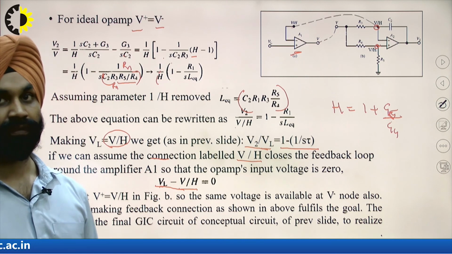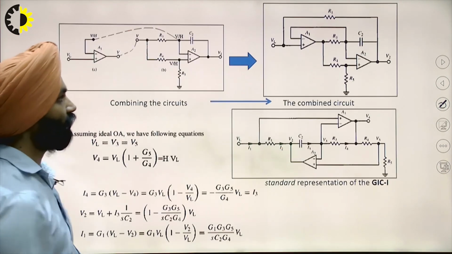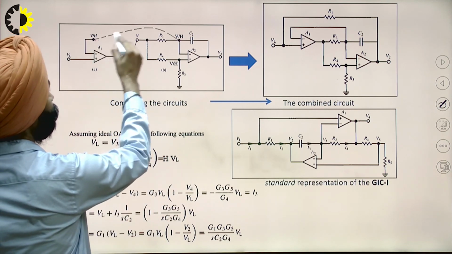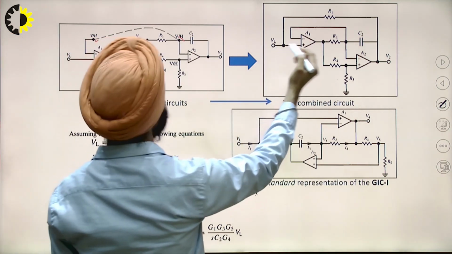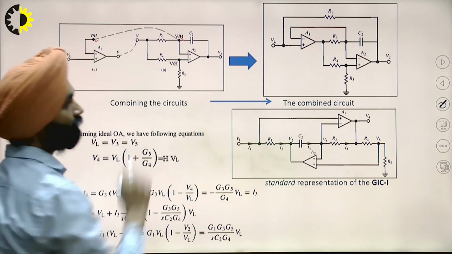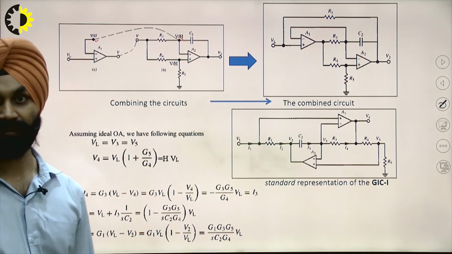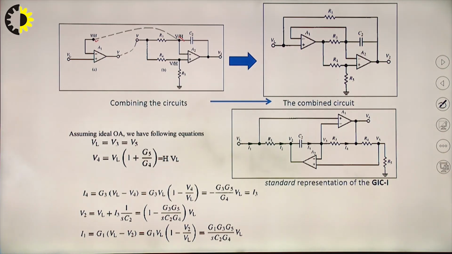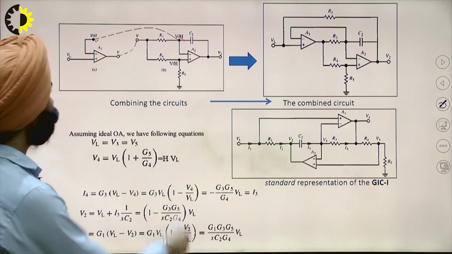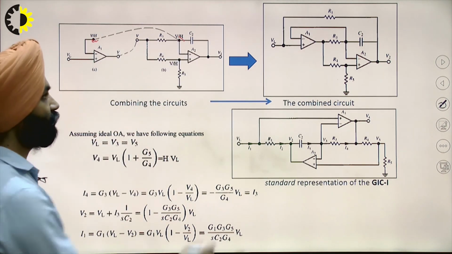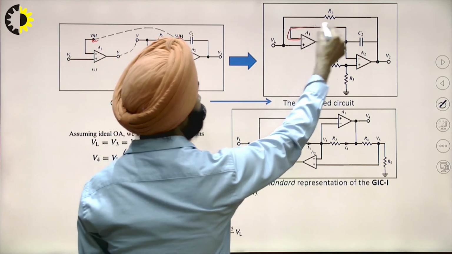Right? So in this way we can make the connection for VL. So we can short this VL to the negative terminal of VH. So we can make the connection by connecting VL to VH, which will be shorted, and it will give this equation.